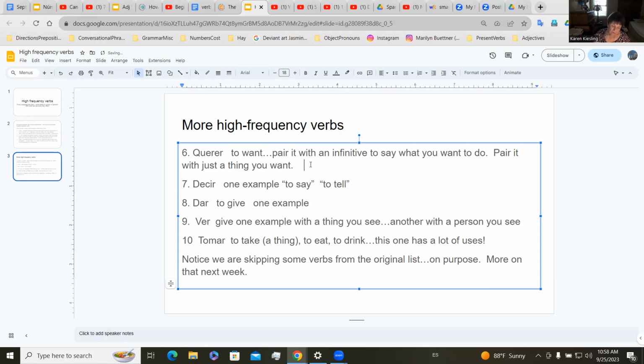Quiero ir contigo. Muy bien. I want to go with you. Okay, and there it's wanting to do an activity. So the second activity just stays as an infinitive. Quiero ir contigo. Otro ejemplo.